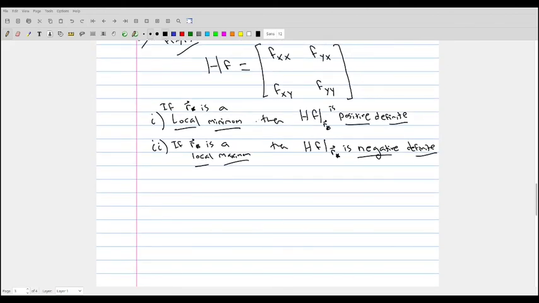And then the only other possibilities that you can have, if the Hessian matrix is not positive definite or negative definite, is that R star could be what's called a saddle point. Or, in certain circumstances, for certain Hessian matrices, you could have that the test is inconclusive.